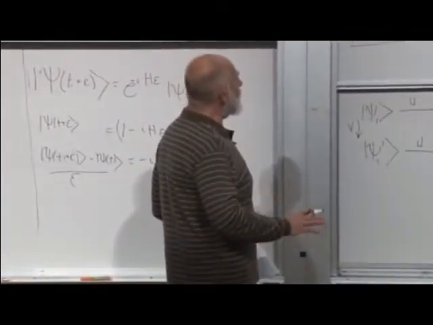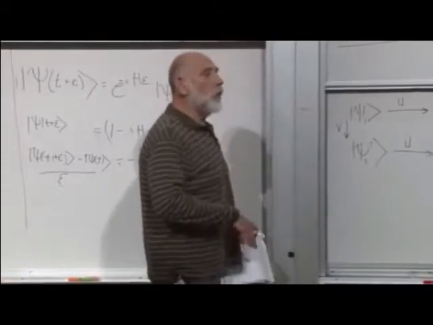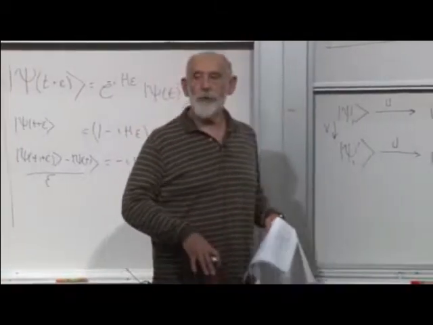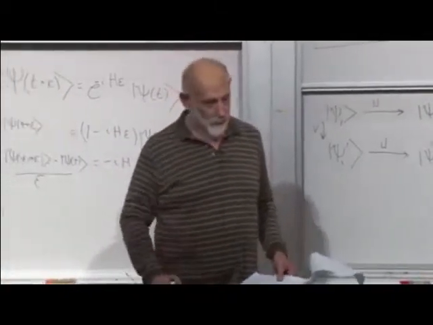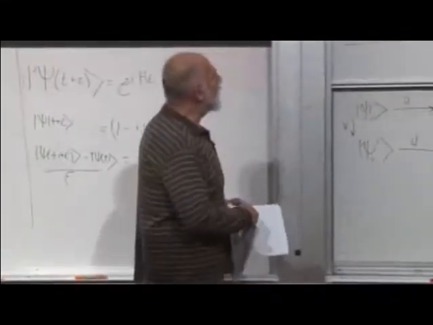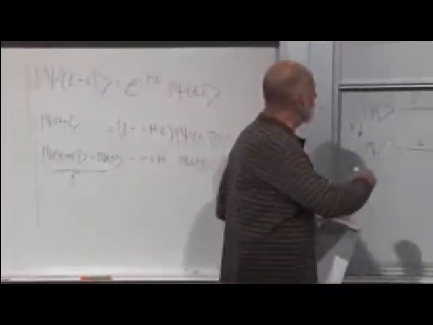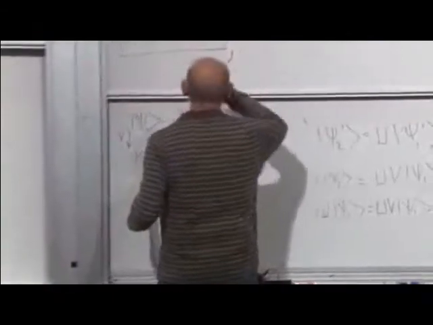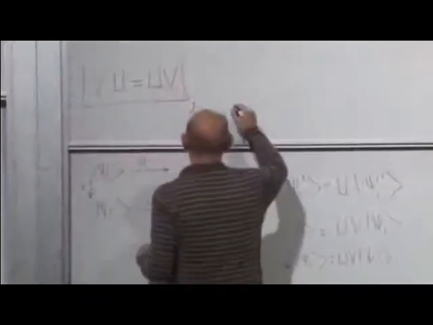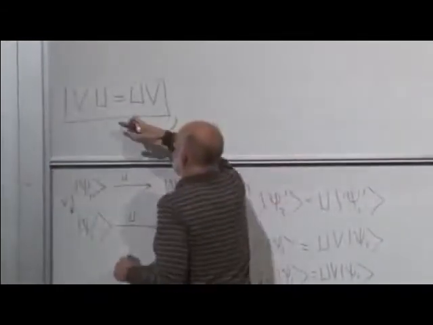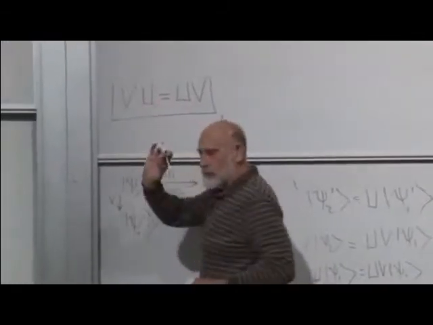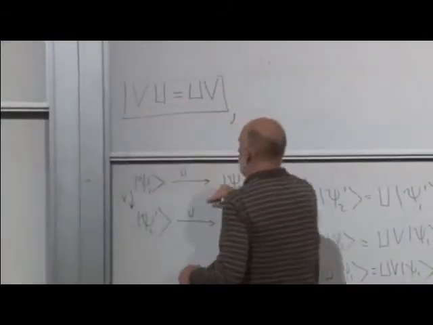Okay, so how do we identify symmetries? We look for operations which commute with a time evolution operator. Now, remember that the time evolution operator is itself, let's take the limit of a small time evolution just to analyze it a little bit.